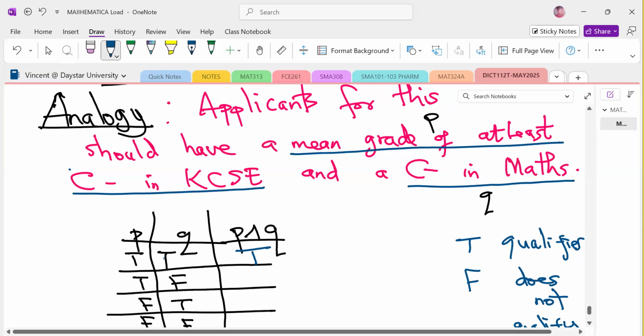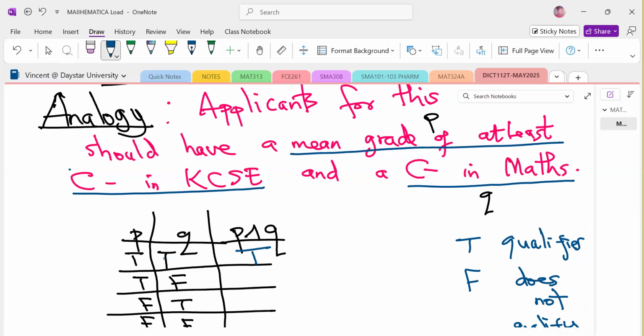Then what would be the meaning of the second line for those who are following? Correct.